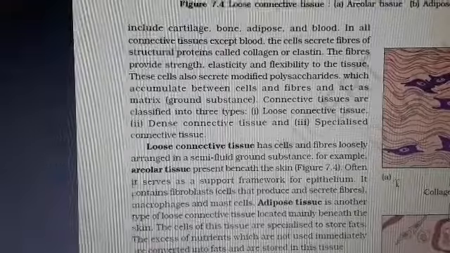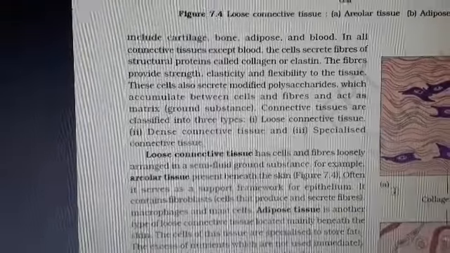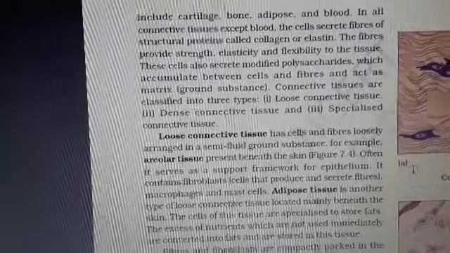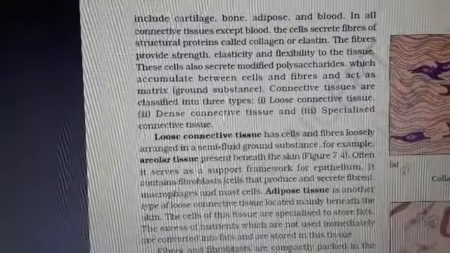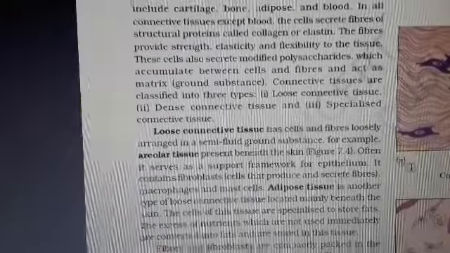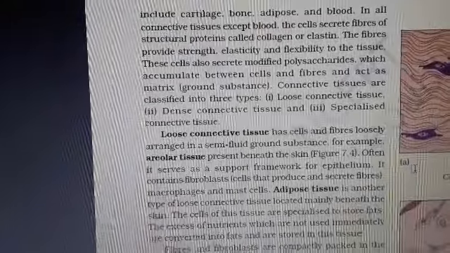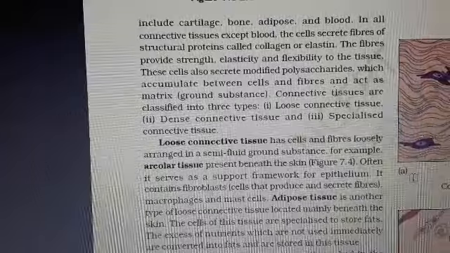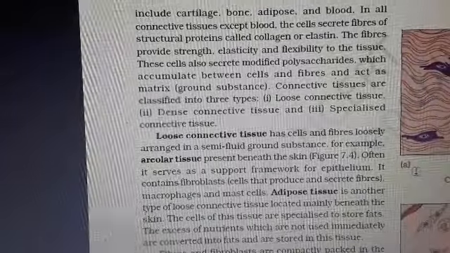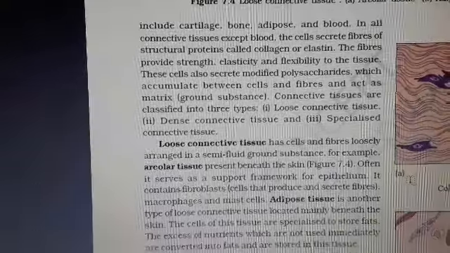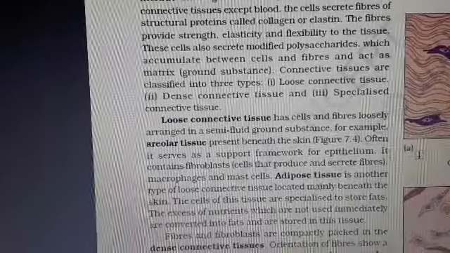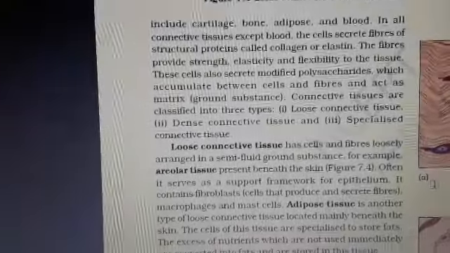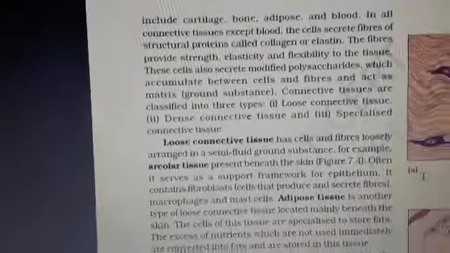Here we're going to start with the connective tissue. First of all, we should know what the connective tissue includes. The connective tissue includes cartilage, bone, adipose, and blood. And one more is there, known as areolar tissue. If I talk about cartilage, bone, adipose, and blood, we're going to take the example of blood. That's most common, and we know that blood is present from our head to the tip of our toe.